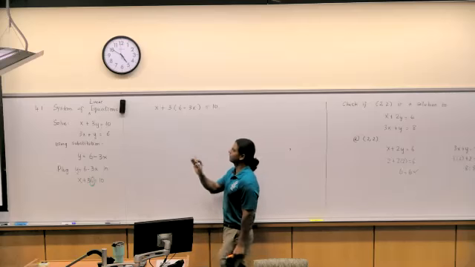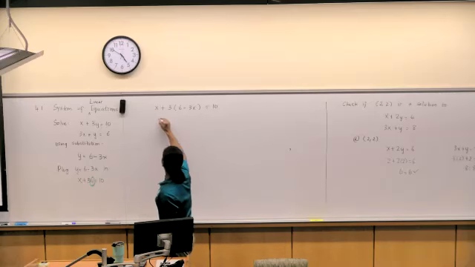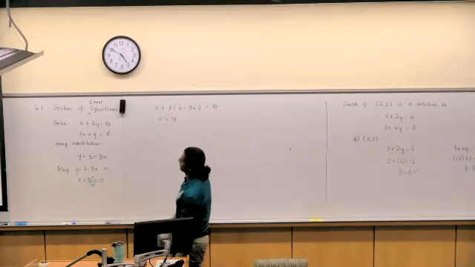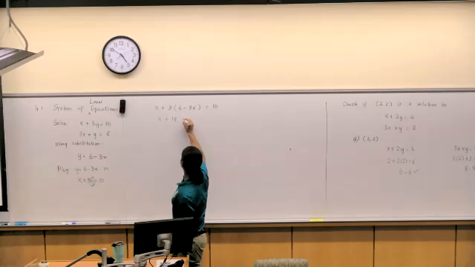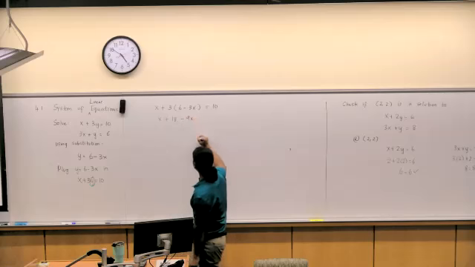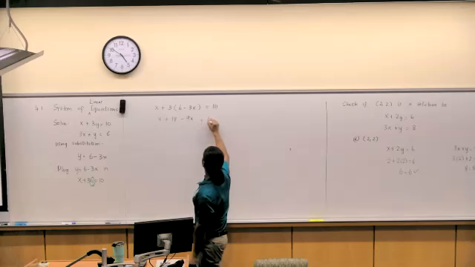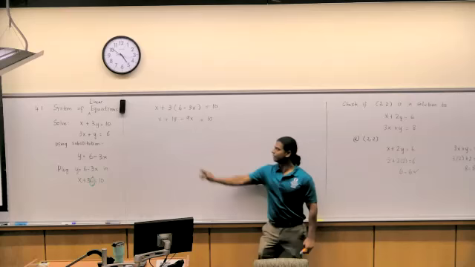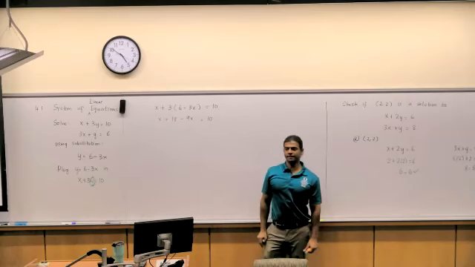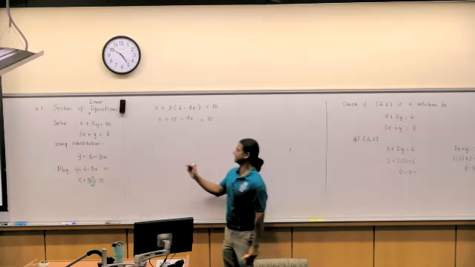Now we have to distribute and simplify. x, distribute the 3. 3 times 6 is 18. 3 times negative 3x is negative 9x. That would be equal to 10. What is x minus 9x? Negative 8x.